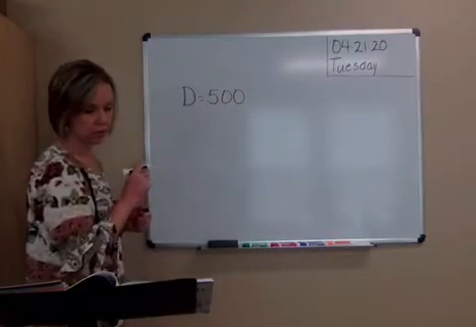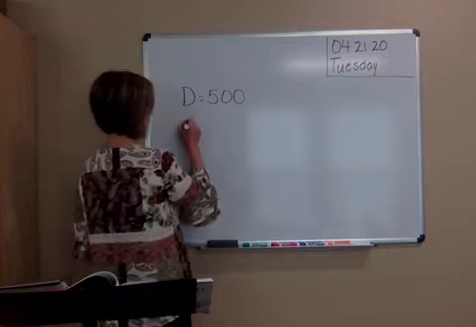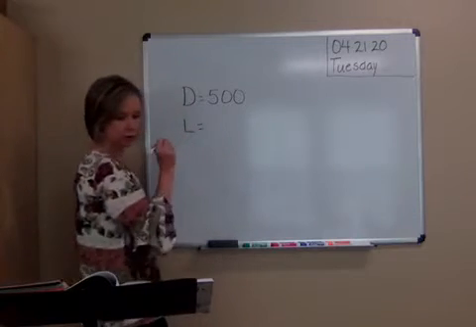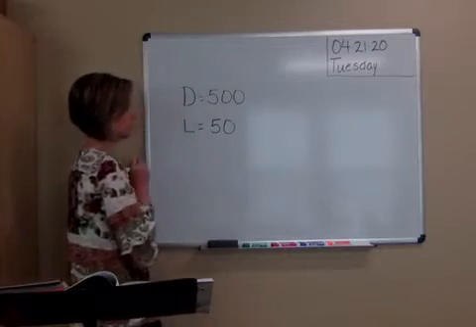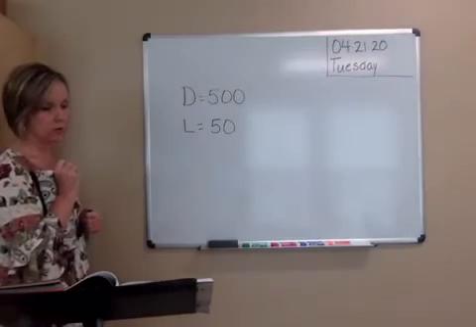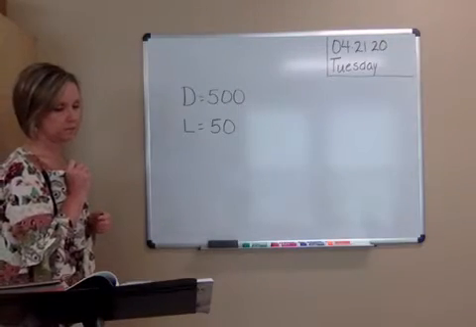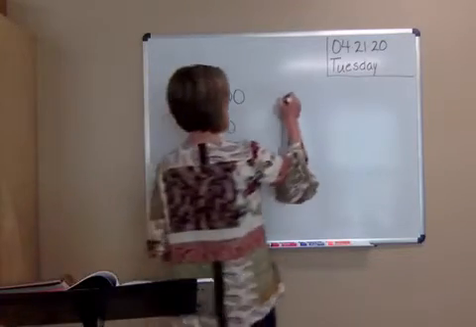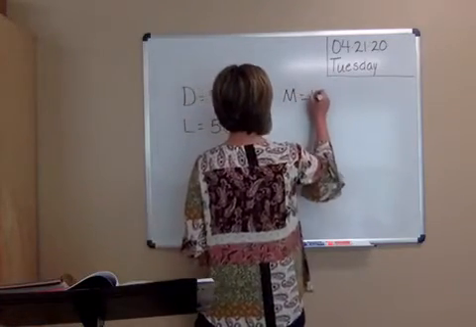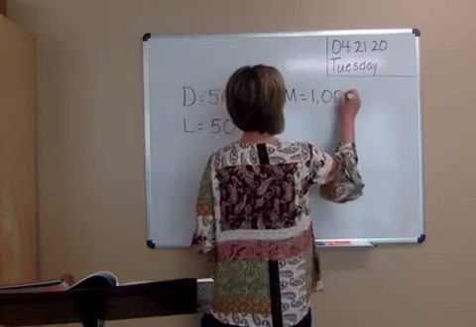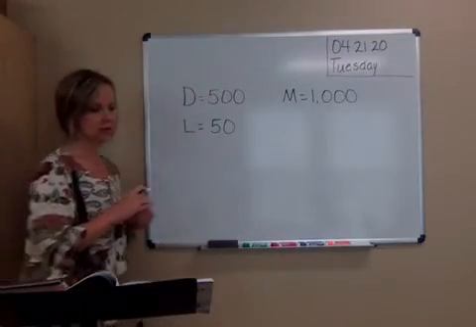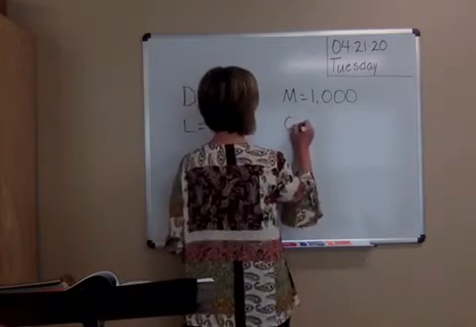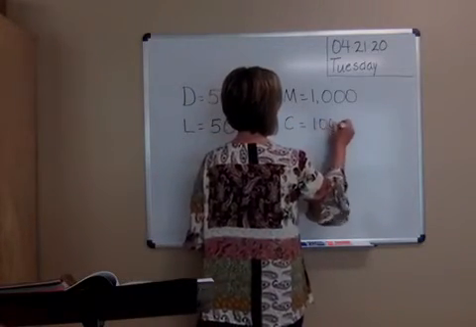Also be sure you know L, which was 50. Okay, so D 500, L 50. M, I told you I didn't mind being 1,000 years old, but not 10,000. So M is 1,000, and C is 100.